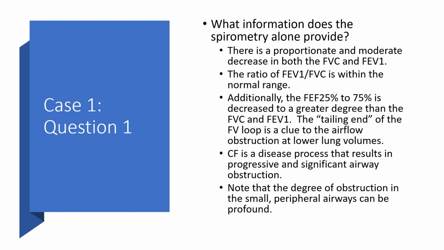What information does spirometry alone provide? There is a proportionate and moderate decrease in both forced vital capacity and FEV1. The ratio of FEV1 to forced vital capacity is within normal range. Basically, FEV1 to forced vital capacity is what percentage of the total forced vital capacity the patient can exhale in 1 second.